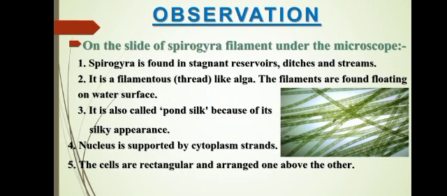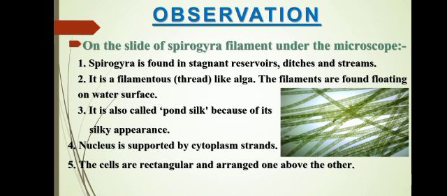So children, what have we observed? We have observed that Spirogyra is made up of filamentous structures. This Spirogyra is found in stagnant reservoirs, ditches and streams. The filaments of Spirogyra are found floating on the water surface.